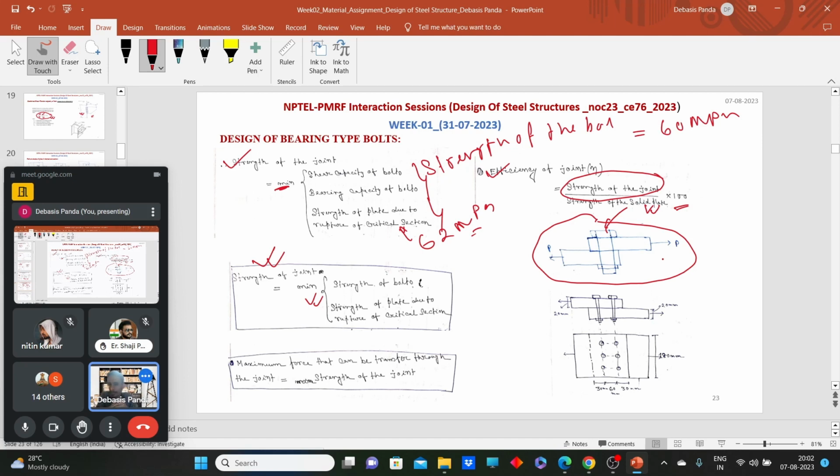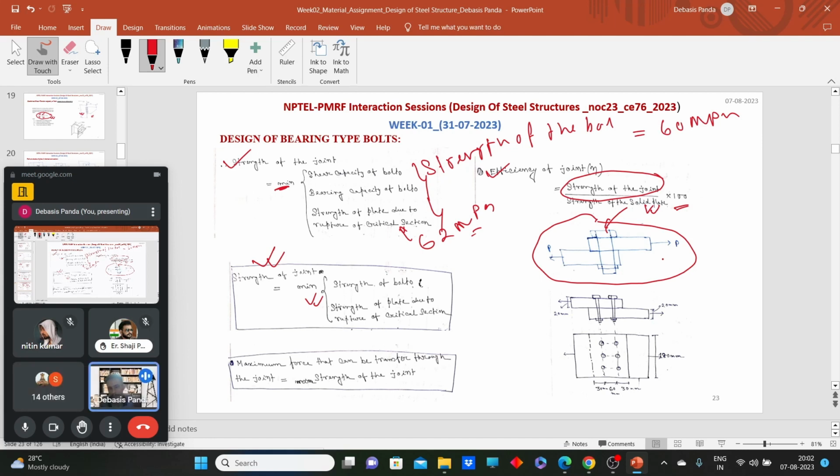We are moving step by step in how this design will happen. Is it clear? Yes or no? Okay, so let's quickly solve. You have all written that yes, you have understood.